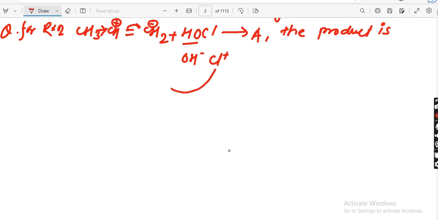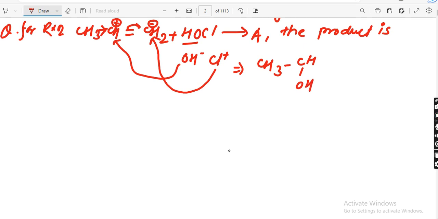So you have to attack in a similar manner: attack this over here and attack this over here, and your product is ready. That is your CH3CH(OH)CH2Cl. That's what your product is. Okay. Next question.